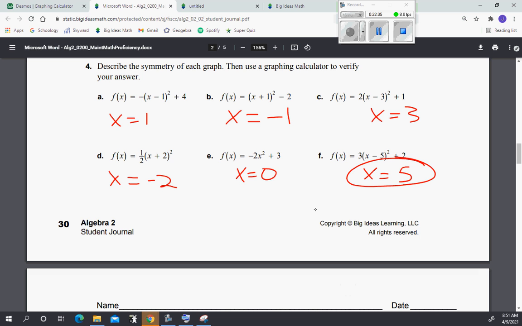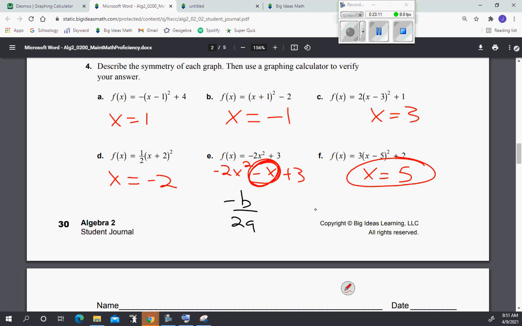This one, part E. If you were given an equation in standard form, then you'd have to use negative b over 2a. But since they're missing this middle term, they just have negative 2x squared plus 3. That's in vertex form.